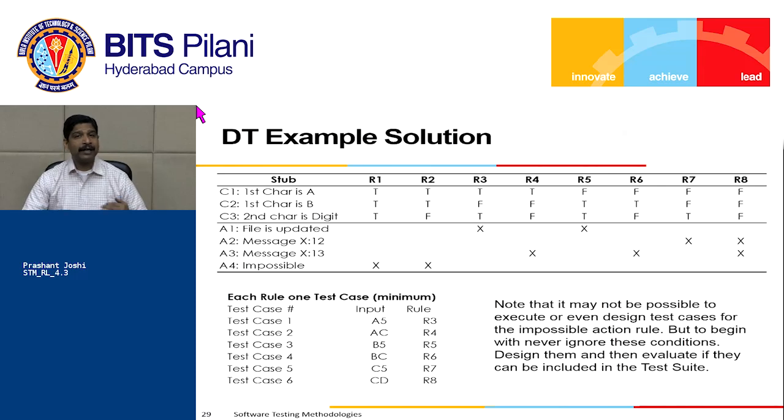So remember, when I say first character is A, presence or absence of A can be determined by true or false. But if I say first character is A or B, either it is A or B or it is a non-A or B character.